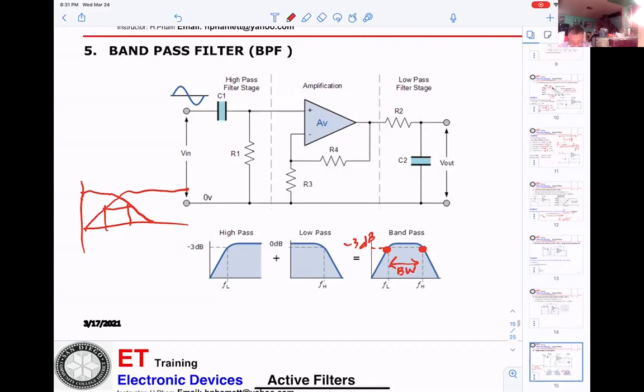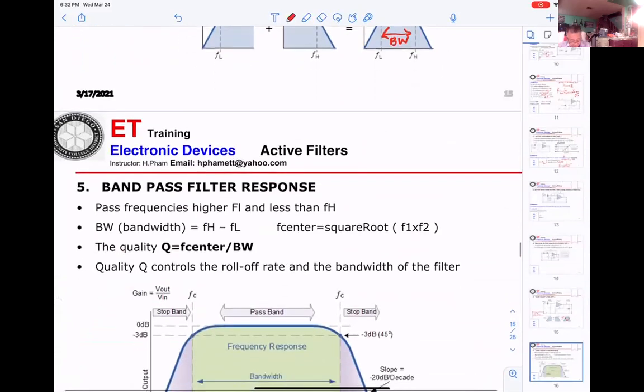Any signal higher than F high or lower than F low will be rejected. Only frequencies between the cutoff low and the cutoff high are allowed to pass through. That is basically the band pass filter.